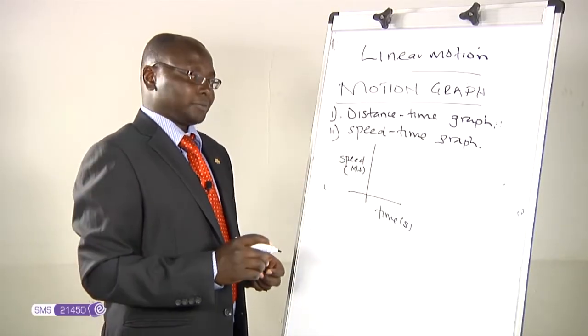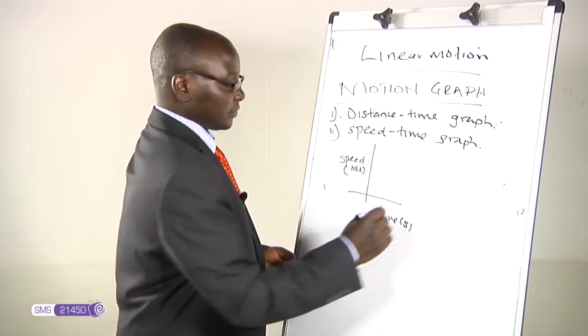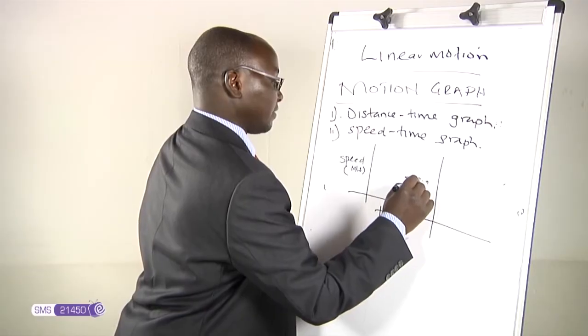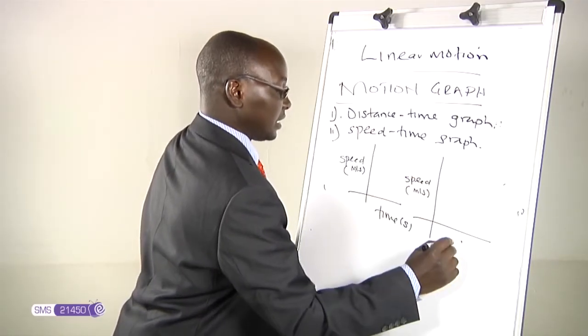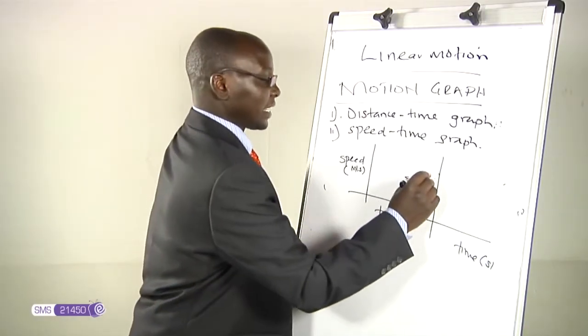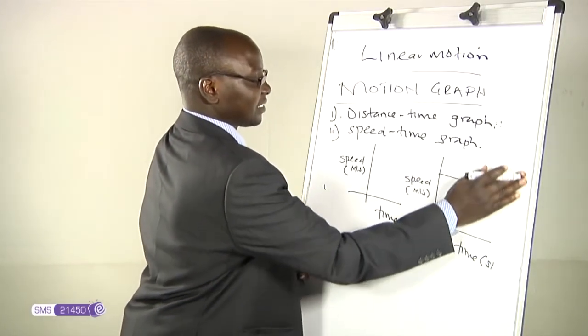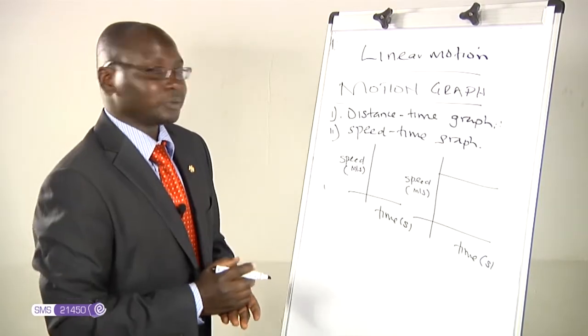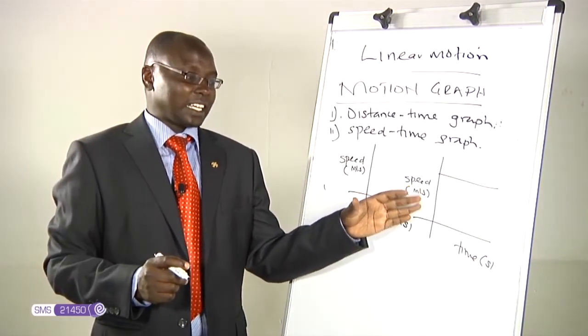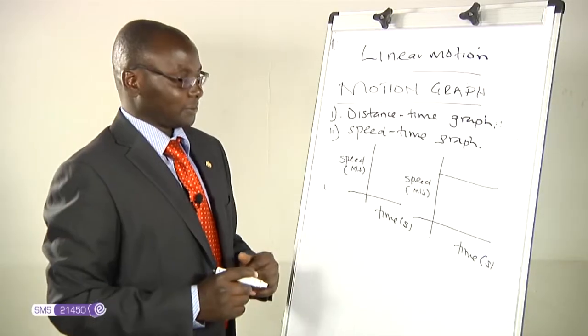Then we can have now say various scenarios. Speed, we have time. Suppose this was, I do like this. What does that show? We have the speed here in meters per second. Here we have time.